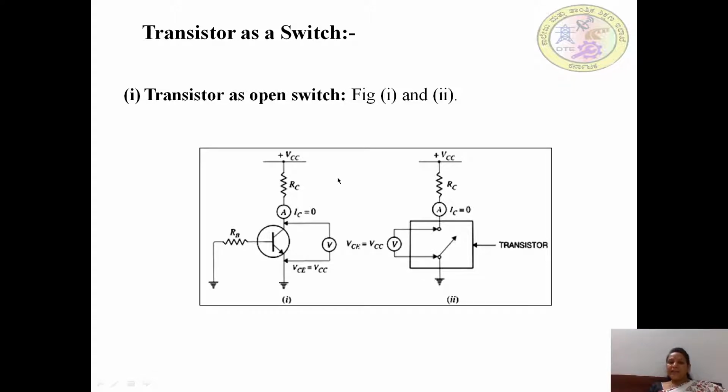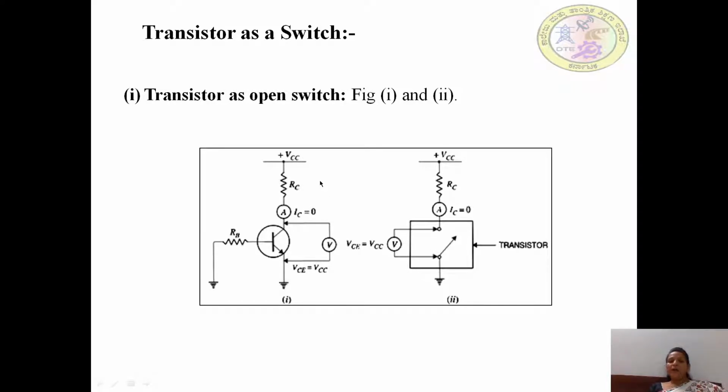In that case, all of the voltage VCC drops across the collector emitter terminal, that is VCE is equal to VCC. One important point to be noted here is we can take output either across the load resistor RC or across the collector emitter terminal VCE.